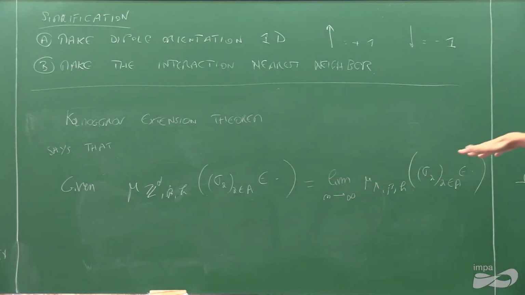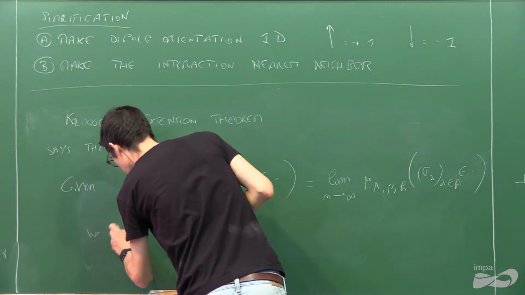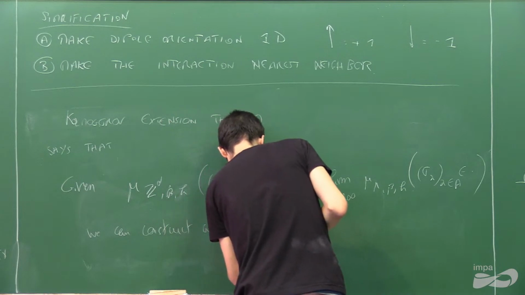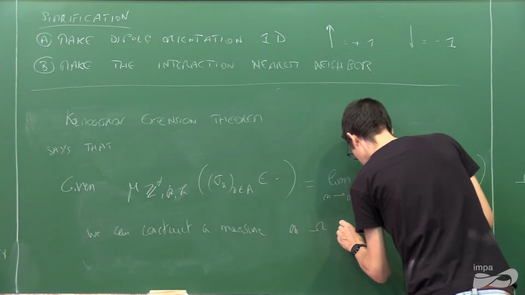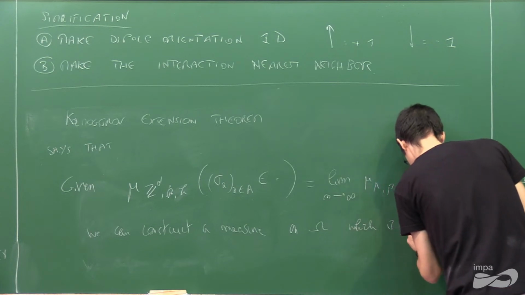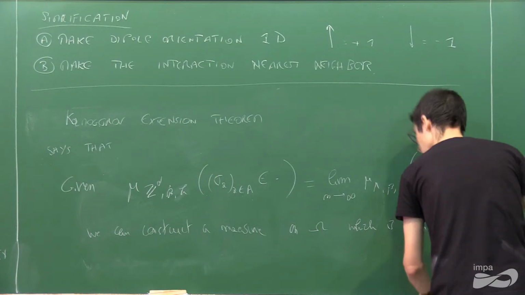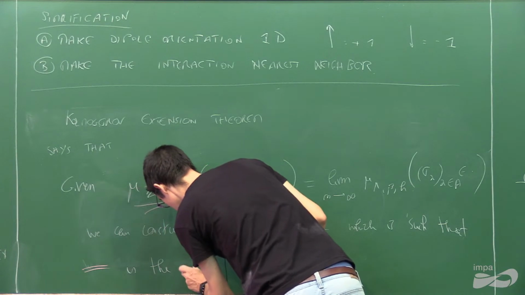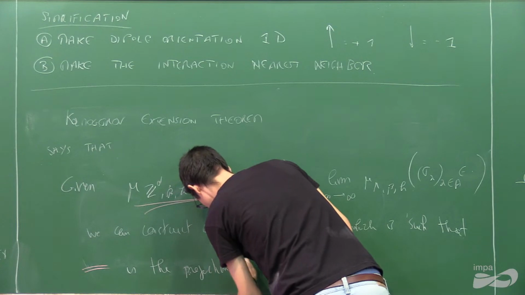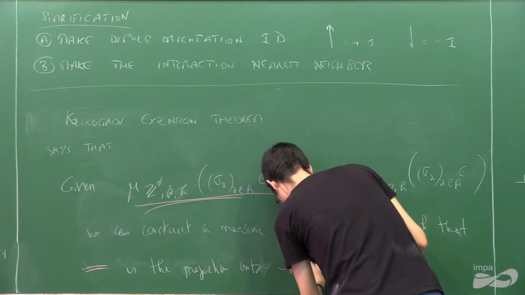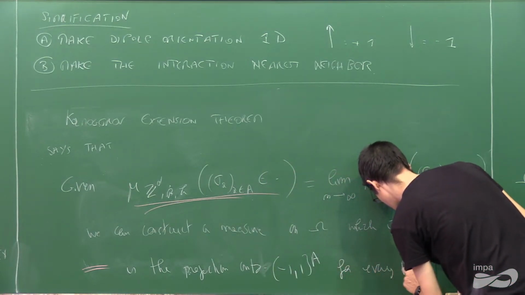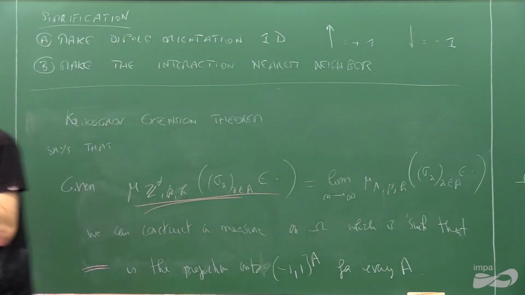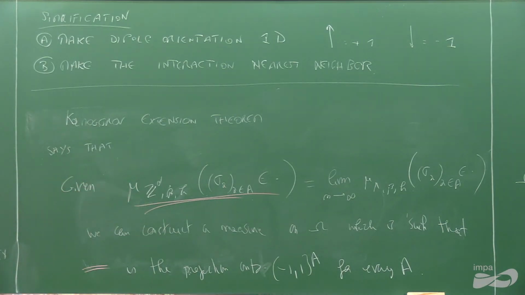So if you're given this limit for every A, another way to say this is that it tells you that you can define the probability of all cylinder events in a coherent manner.